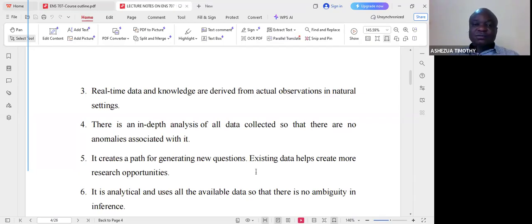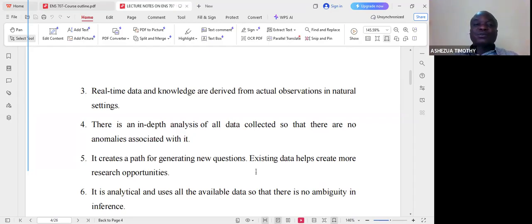A good research must have a recommendation. That's why at the end of every research, even in your undergraduate research, you conclude nicely, and of course, you give your recommendation. You say, in spite of the fact that this research is as good as it can be, however, we have some shortcomings in the research and we have made some recommendations.